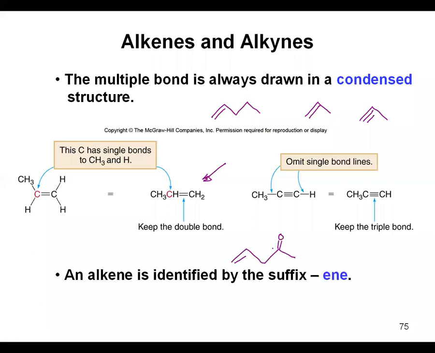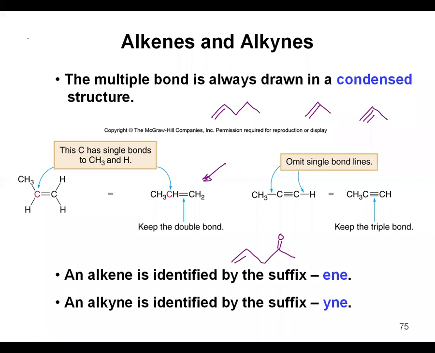Now, for alkenes and alkynes, the way that we name them is simply we take the alkane name, which ends in ane, and we drop it. So if we have our double bond, it becomes ene at the end. If you have a triple bond, it will become yne at the end.